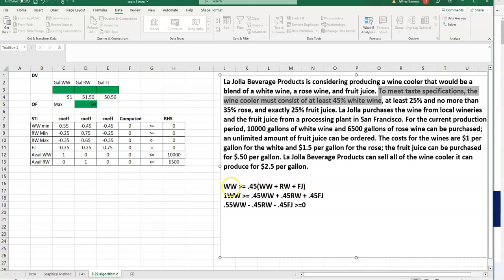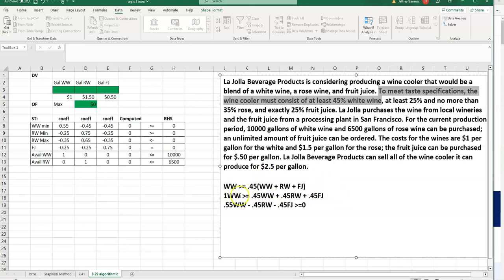Now notice that I've got variables on each side of the inequality here, and I can't do that in Solver. So I'm going to expand the right-hand side, and I'm going to put a 1 in front of the white wine because that's effectively just the variable, and there's one of them. That's just an old algebra trick. If I expand the right-hand side and distribute the 0.45, I get 0.45 times white plus 0.45 times rose plus 0.45 times fruit juice.